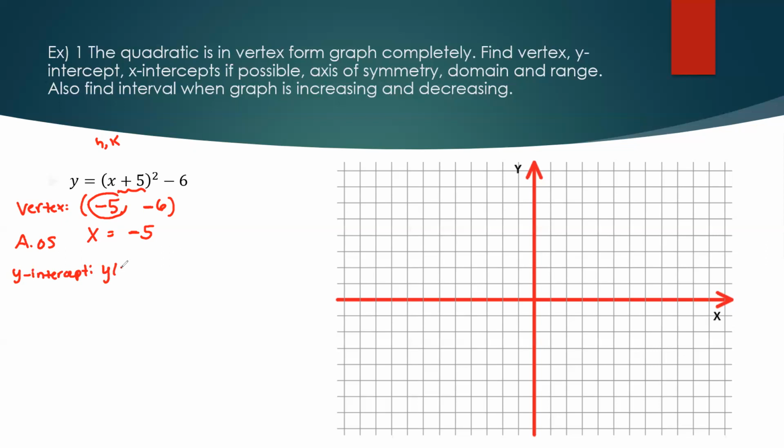So y of 0 is 0 plus 5 squared minus 6. 0 plus 5 is 5 squared, minus 6, which is 25 minus 6, which is 19. So our y-intercept is (0, 19).